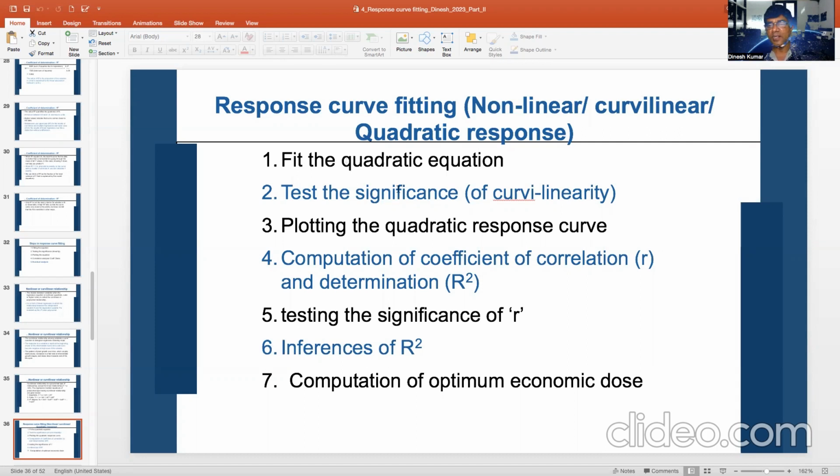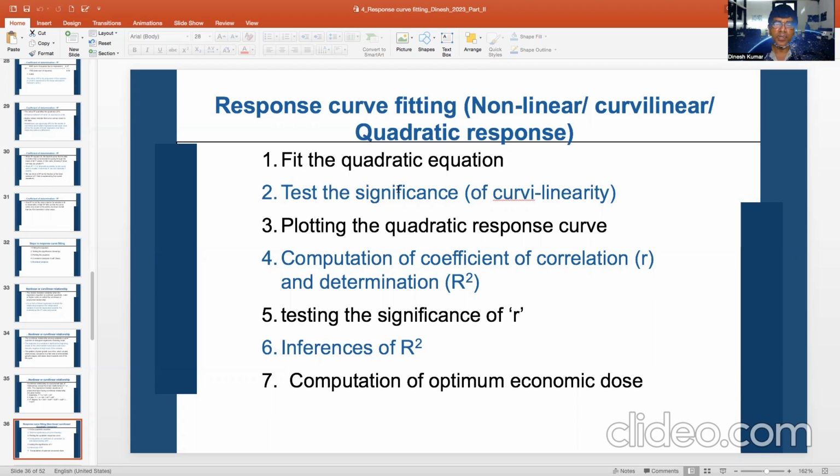Then you will test the significance, whether it is curvilinear or linear, what kind of relationship it is having. For your kind information, first you need to test it for linearity. If your linearity test is significant, that is fine.